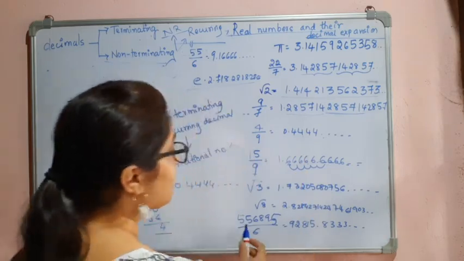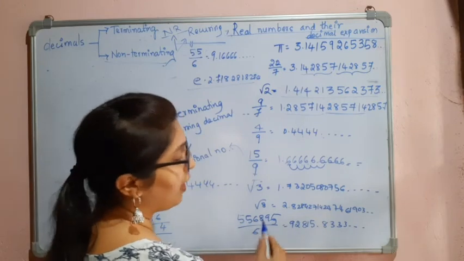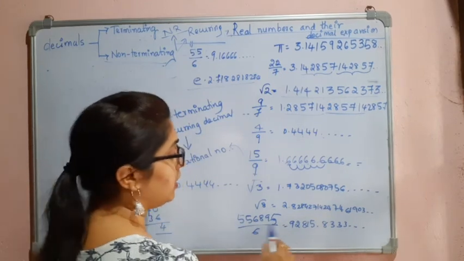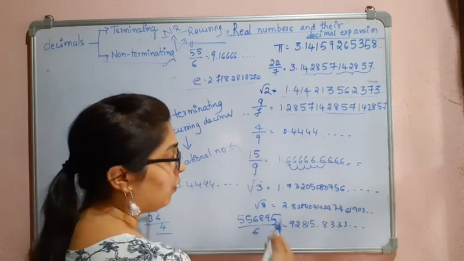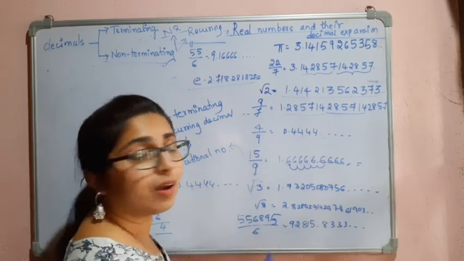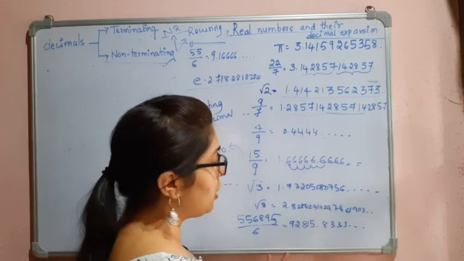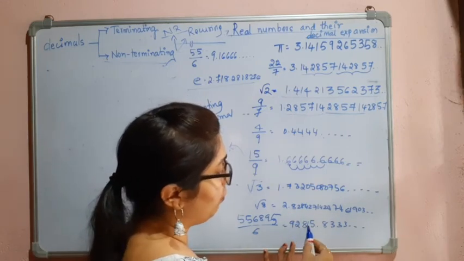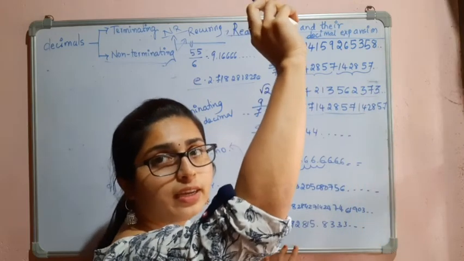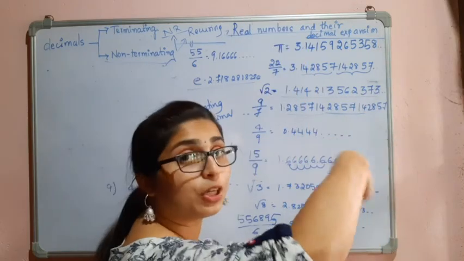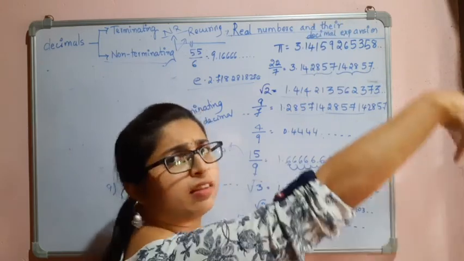Okay, next is 556895 divided by 6. This is an integer, this is an integer, and the denominator is not equal to 0. So now we know that this is a rational number. So let us see the decimal expansion. 92815.833333. Once again, it is continuously progressing. 333333.